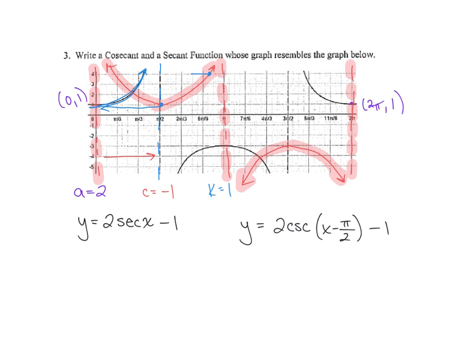My asymptote here actually has to be shifted to the left pi by 2 in order for all of these values to lay on top of that black graph. Okay, so in fact, this should be a 2 cosecant x plus pi by 2. It should be shifted to the left pi by 2.